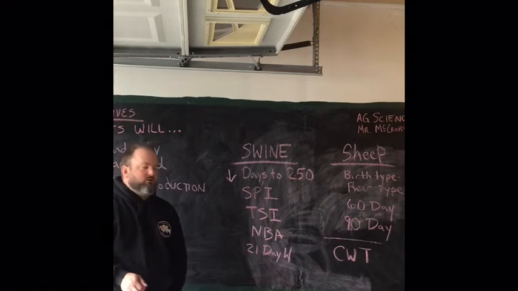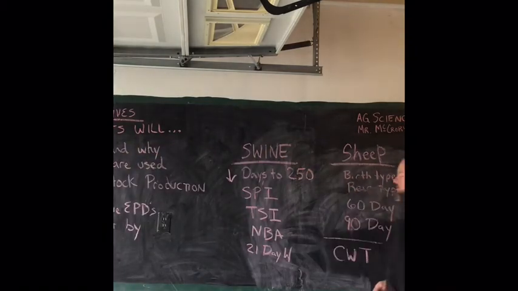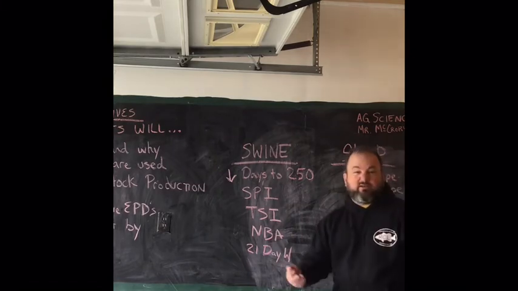The next thing in sheep is birth type and rear type. Sheep are born in sets of singles, twins, or triplets. And so a lot of times we want them to have a birth type of more animals, because more is better, because you're going to be able to have more to sell.